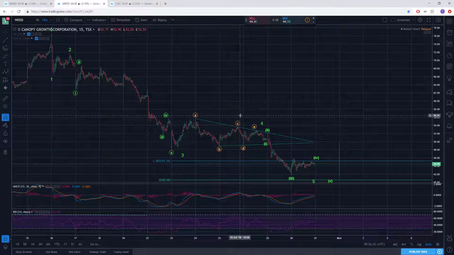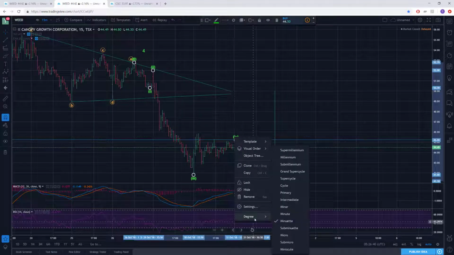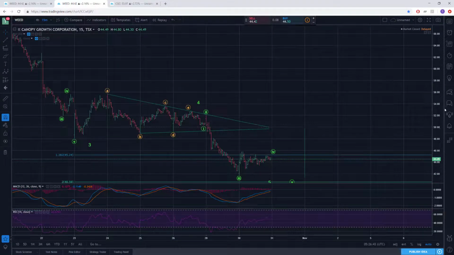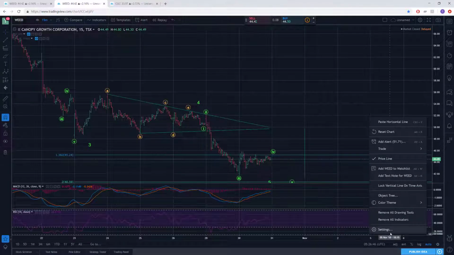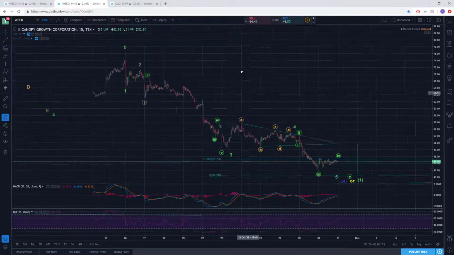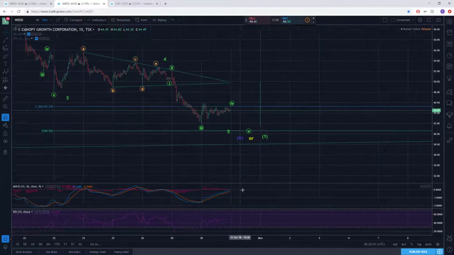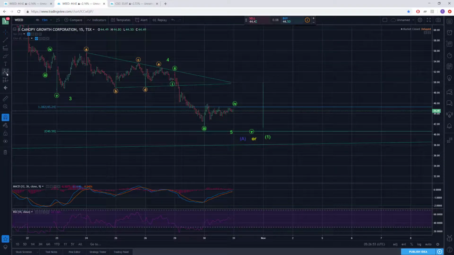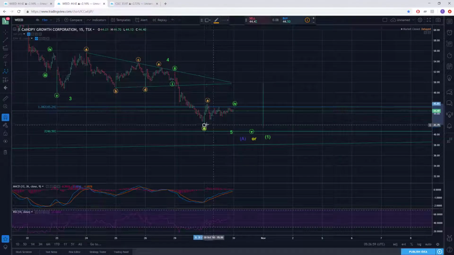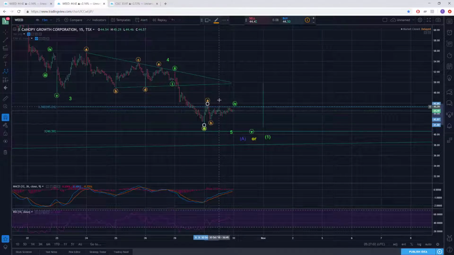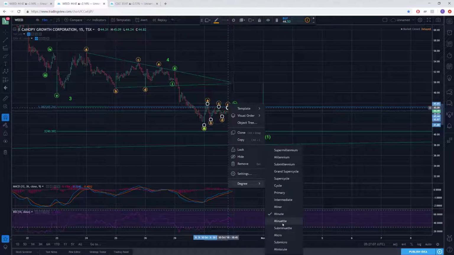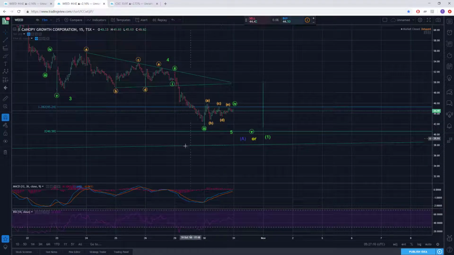Let's see, yeah, that's subdivisions. I think I can bump the degree up one above that. All right. So we could be doing something like this, right? And so we could just be doing another little triangle, and let's just label that A, B, C, D, E, and yeah, this should be good.